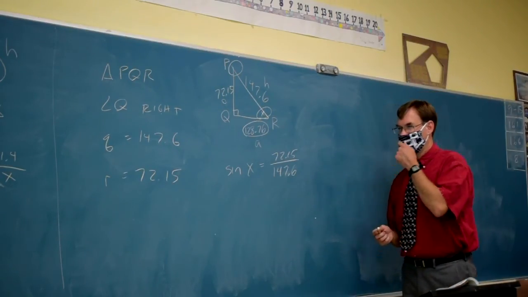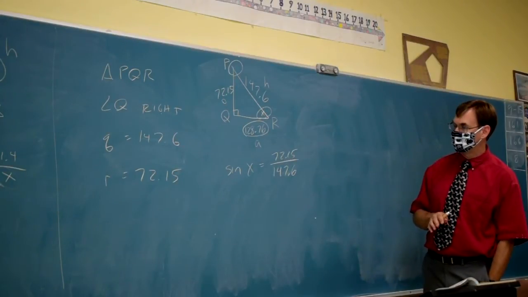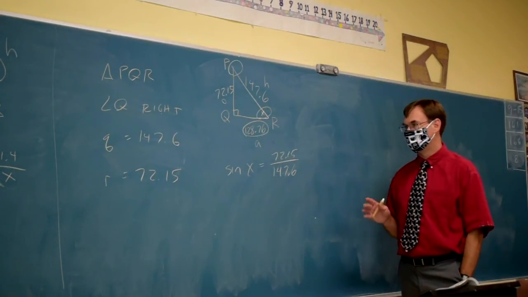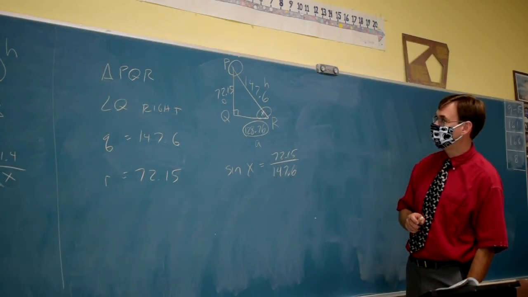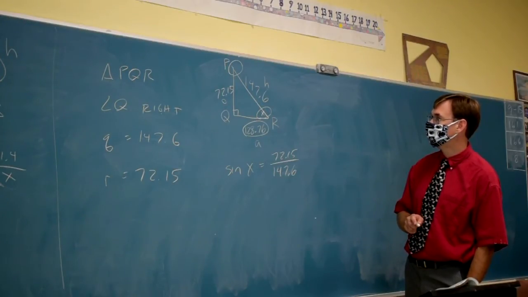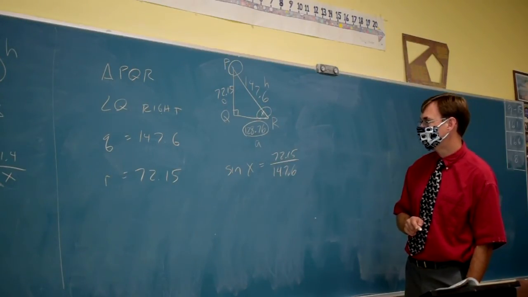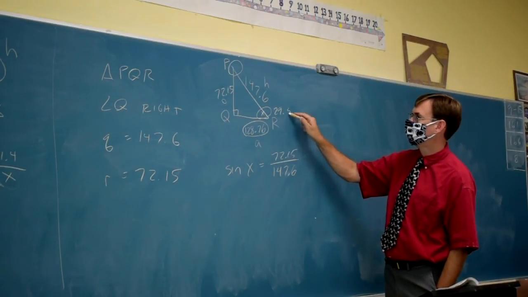And then how do we solve that? Second sine. Anytime you're getting an angle, you're doing it inverse. That's the second button. So second sine, punch that in. It's going to be probably like about 28. 29.5.